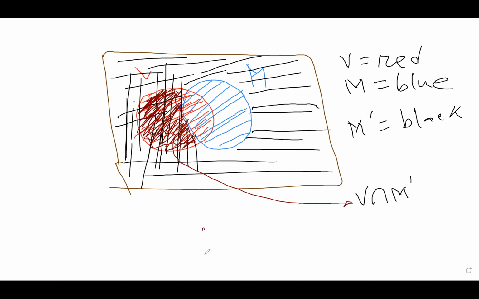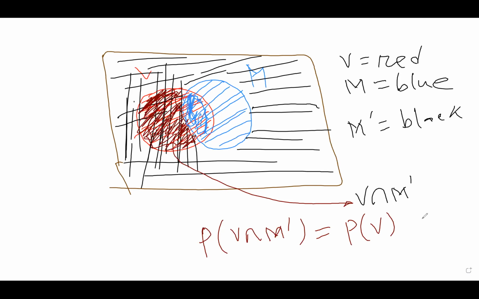So now why is the probability of V intersection M complement equal to this? This is still inside V, so that means probability of V. But we did not include this region of V where we do not have the black region. What is the event of this region?